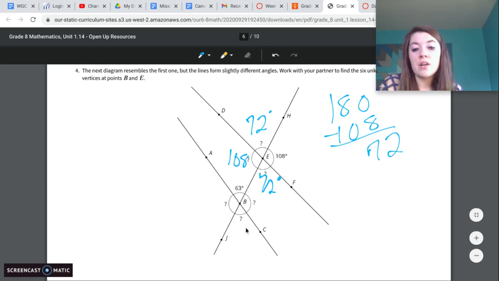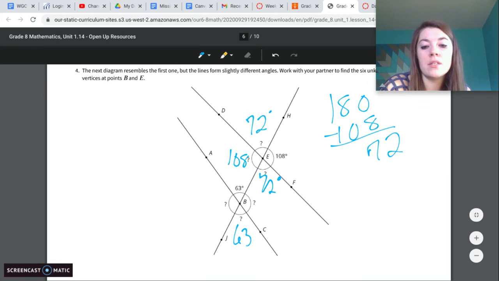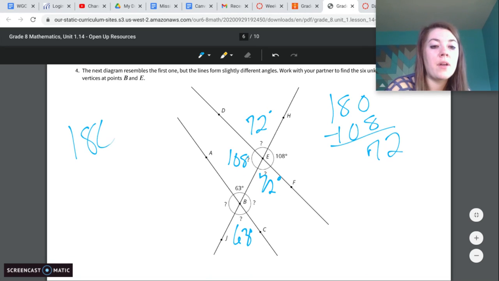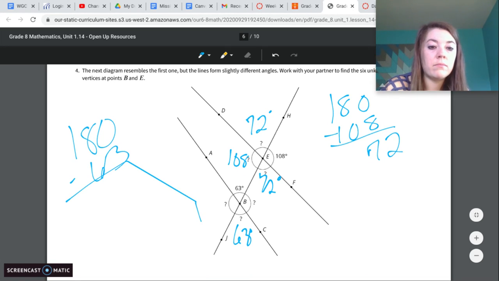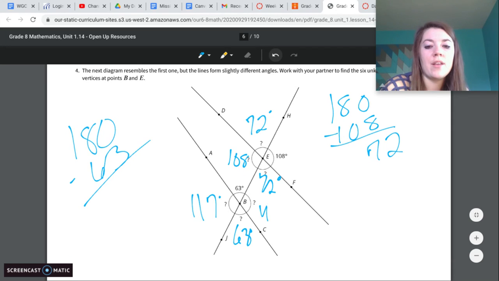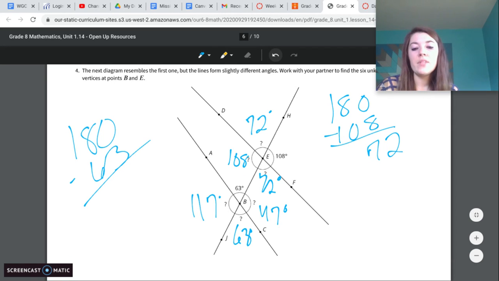Okay, so then let's finish out solving here. So we know this is 63, so across from it will also be 63. Then we want to take 180 minus 63 to get 117 for each of these. So now we have all of them filled out. We found all of them.